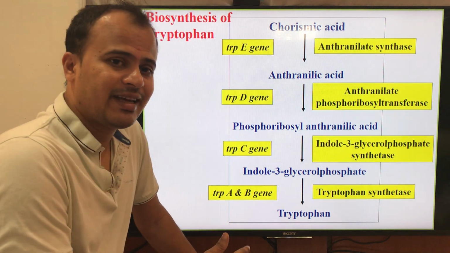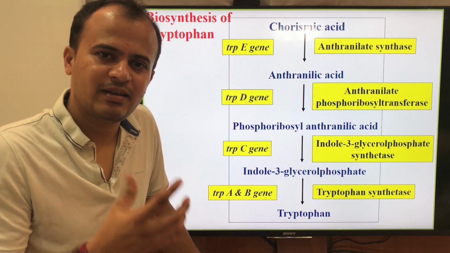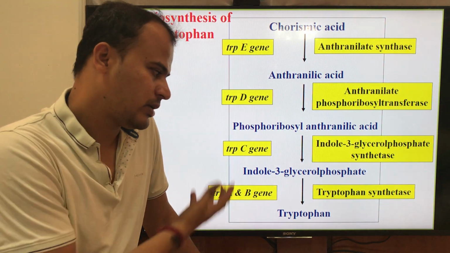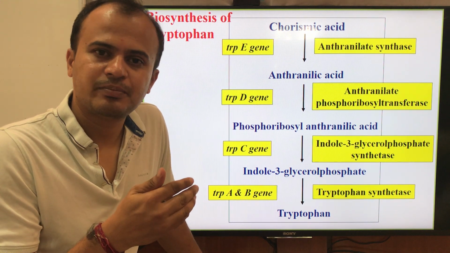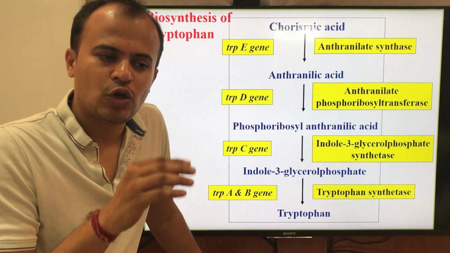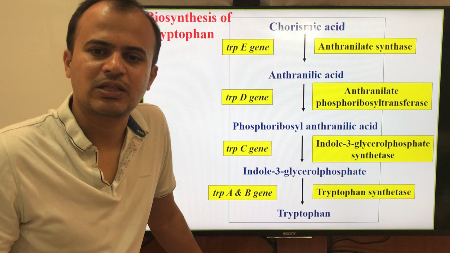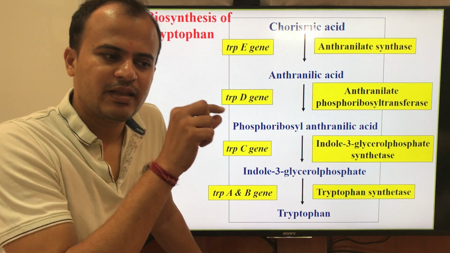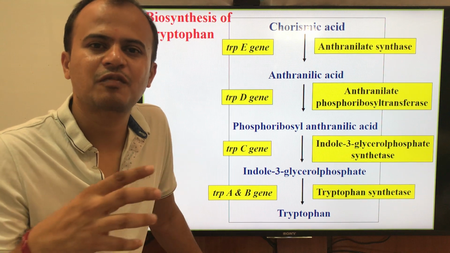So let's see how these genes are arranged in the bacterial genome. What I am trying to tell you is, generally in bacteria, the genes are arranged in the form of operons. An operon is a sequential arrangement of a cluster of genes.